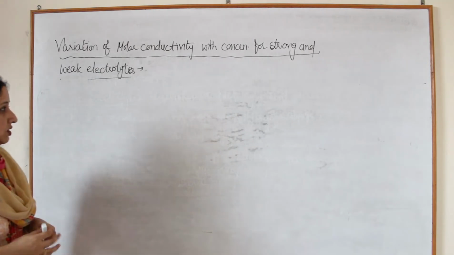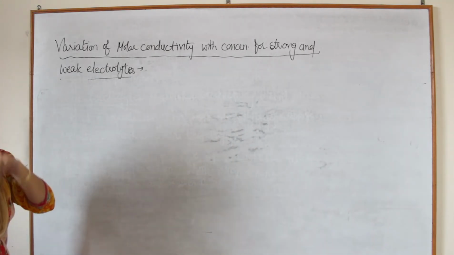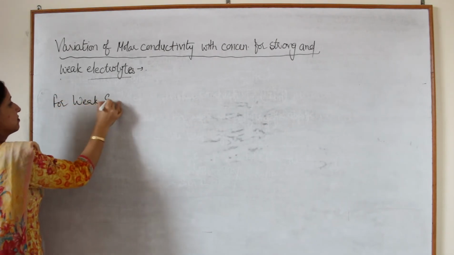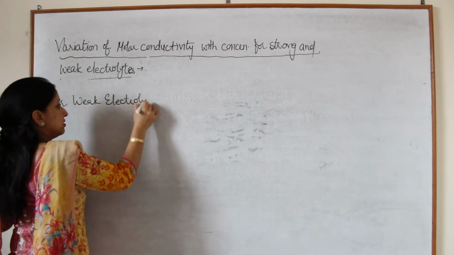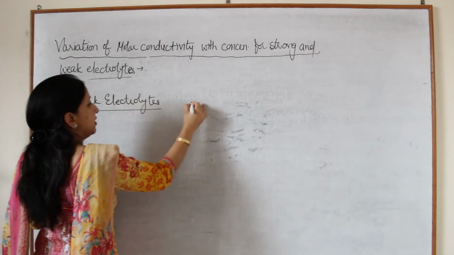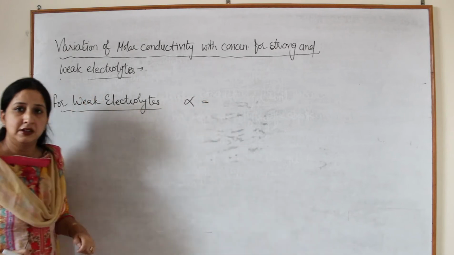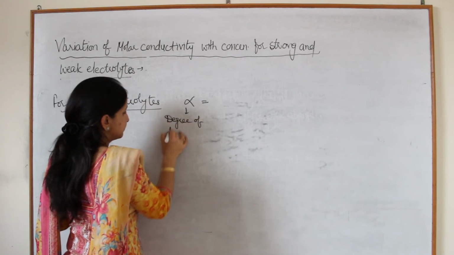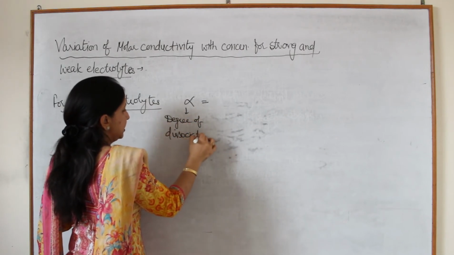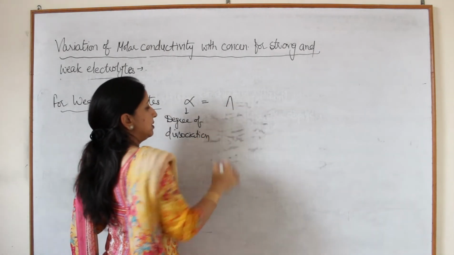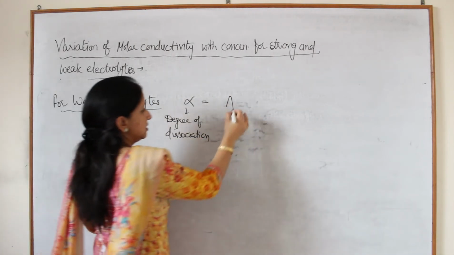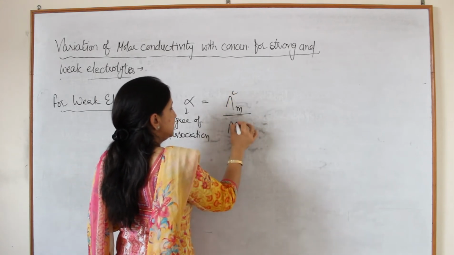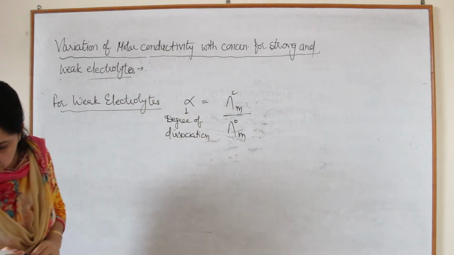Before discussing the law, you have to write the formula for weak electrolytes. We cannot calculate the value of alpha. Alpha means degree of dissociation, and degree of dissociation is lambda m at C upon lambda m at concentration 0.